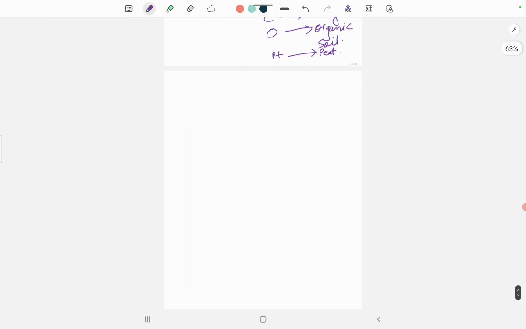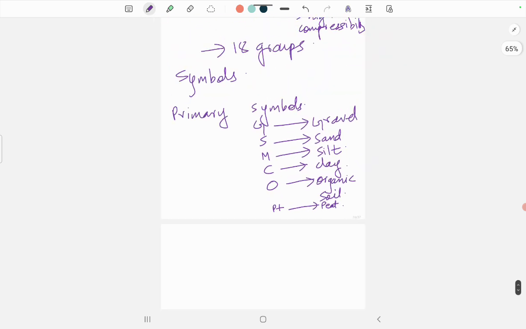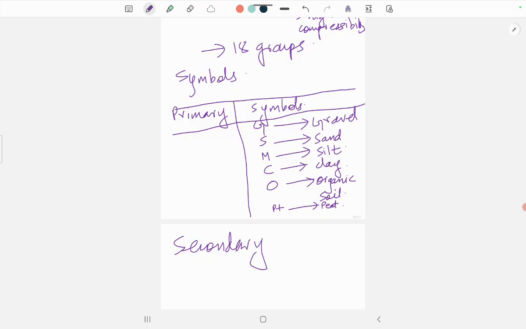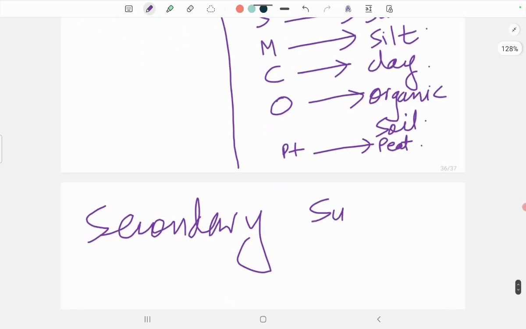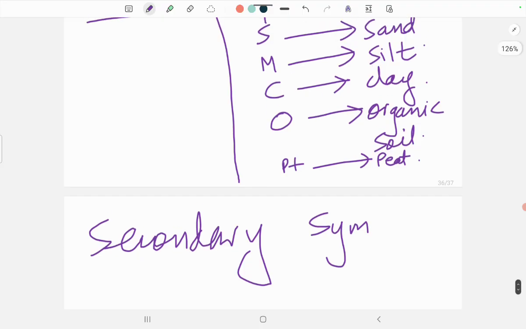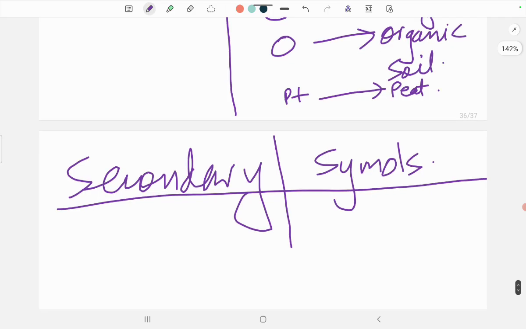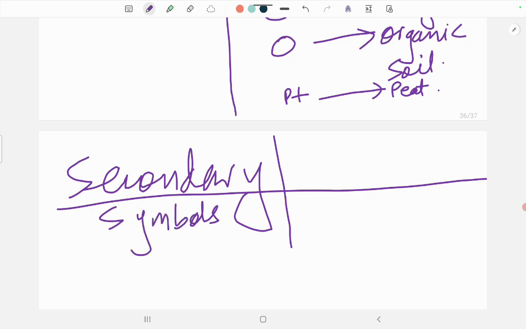And there are the secondary symbols as well, and here is the description.